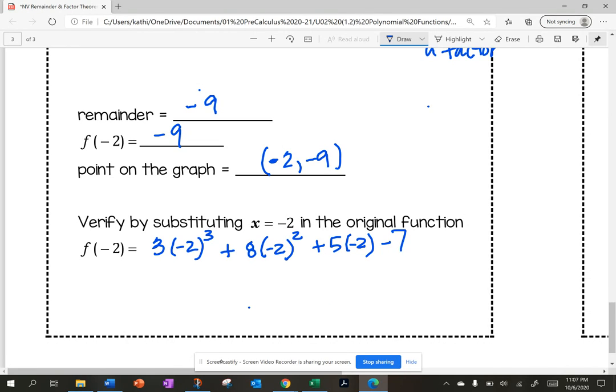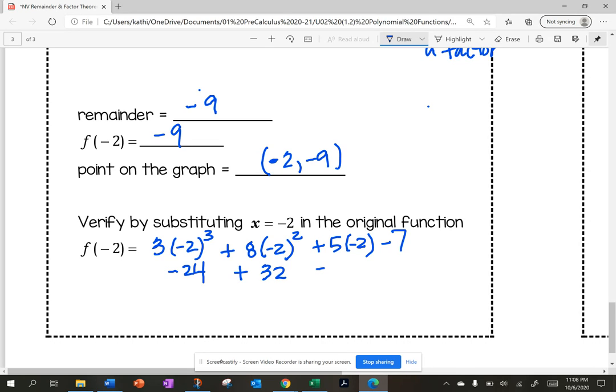So if you're a junior taking the SAT, you don't want to be using your calculator because the evaluate questions are on the SAT. So -2 cubed is -8 times 3 is -24. -2 squared is 4 times 8 is 32.